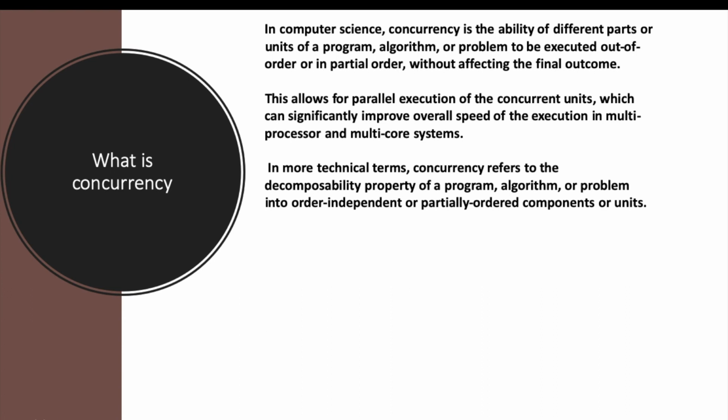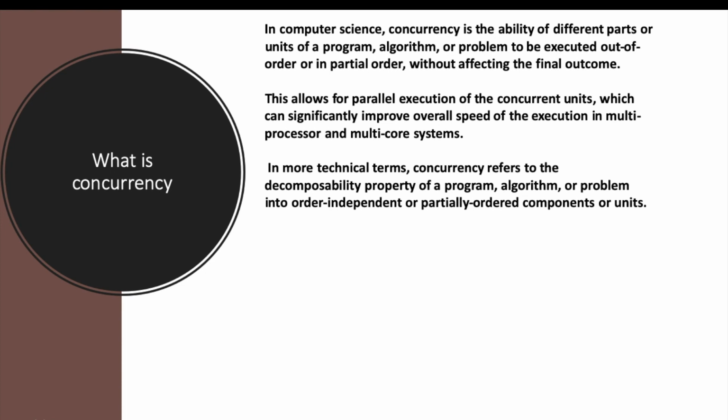Let's say you are working on a project where 5 guys are working together. If one finishes his job and then the second person starts his job, that is sequential. But when the project is executing with everybody working in parallel, that time you get the highest efficiency, and you get the desired output much faster.